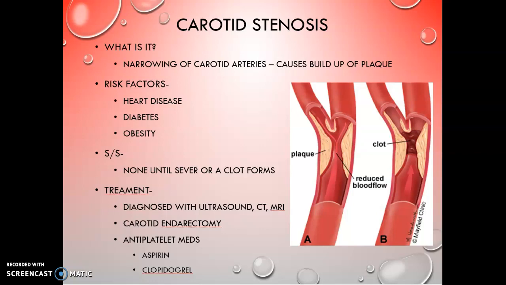Cerebral ischemia is just death to the brain tissue, just like cardiac ischemia is death to the cardiac tissue. It can also happen in the brain. Another risk with carotid stenosis and endarterectomy is the risk of nerve damage, facial nerve damage.